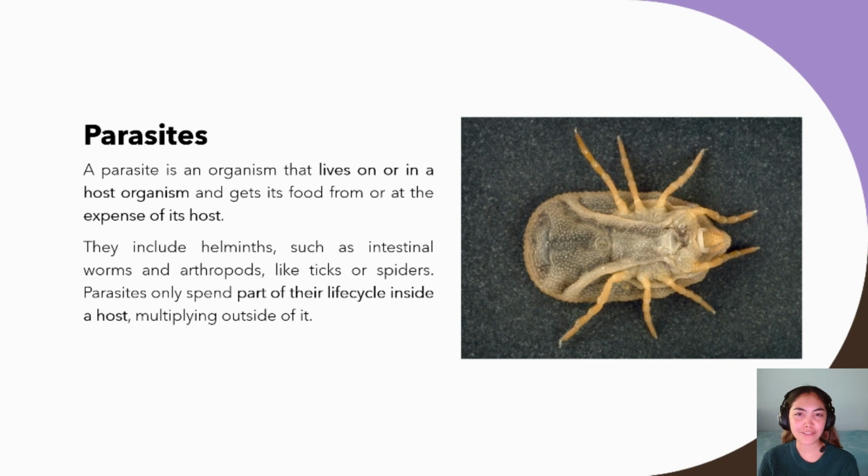Another one you might be quite familiar with is head lice. I'm sure everyone has had head lice at least once during primary school or maybe even kindergarten, and they are also a parasite that live on top of us. Parasites only spend part of their life cycle inside a host, and they multiply outside of it. Though obviously, for ones such as fleas, ticks, or head lice, they do spend their time on us, so outside.